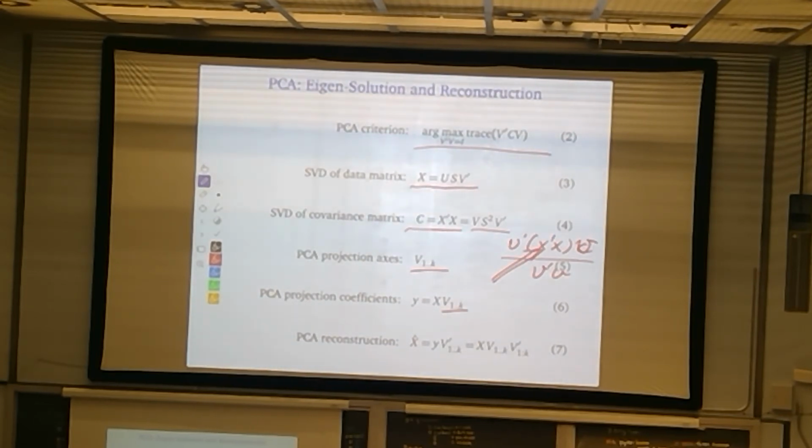Once we find the axes of projection, we project the data. You have all these individual instances, you project them onto these axes, and you get the coefficients. And then we can reconstruct. Since there's a projection size, you reconstruct with this basis, because this is an orthonormal basis in that space.